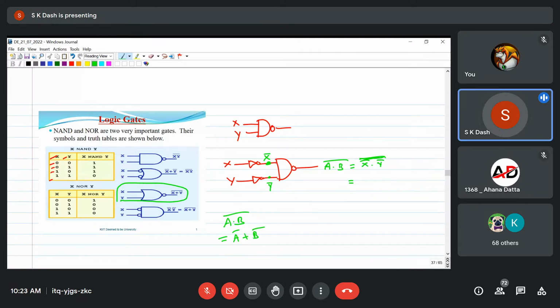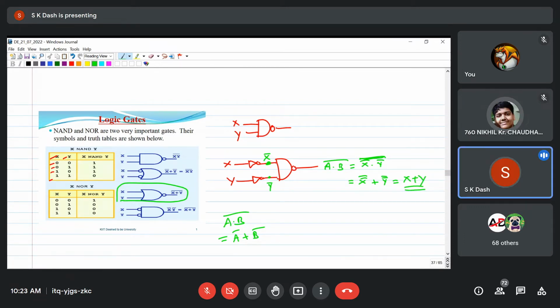So what will happen here? X double complement plus Y double complement. The double complements cancel each other. So this will be X plus Y, which is nothing but an OR gate output. Instead of drawing a NOT gate like this, we can simply use a bubble.